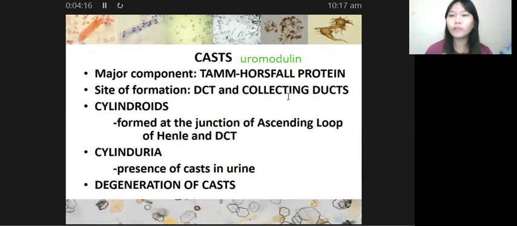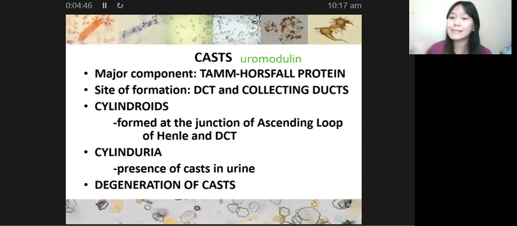Take note also that your casts are the only element, the only sediment found in urine that is unique to your kidneys. Ibig sabihin, you will not be able to find any casts in the other body fluids that we process in the clinical microscopy section kasi napo-form lang siya sa ating kidneys.